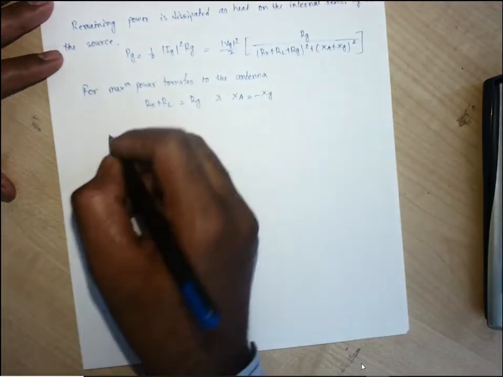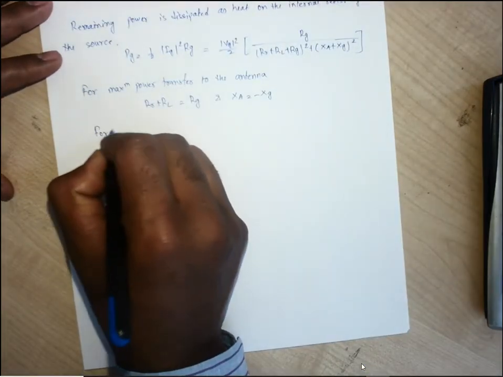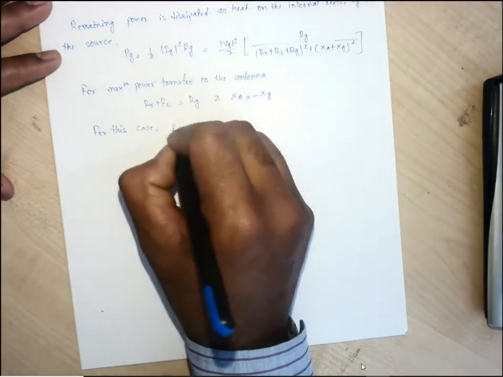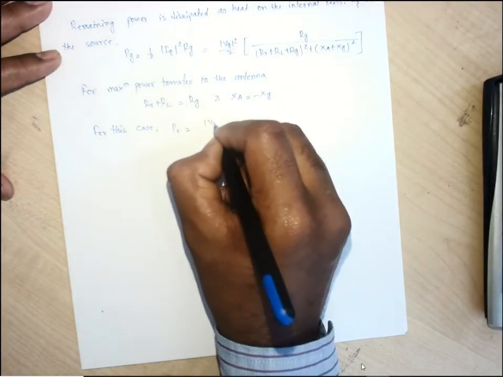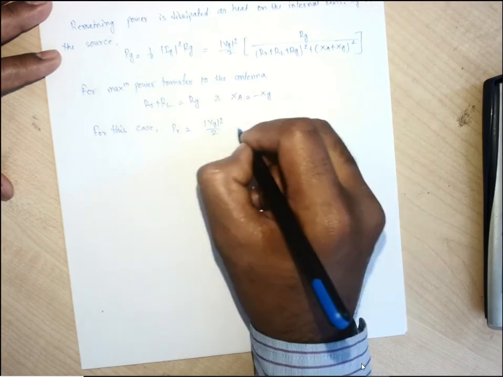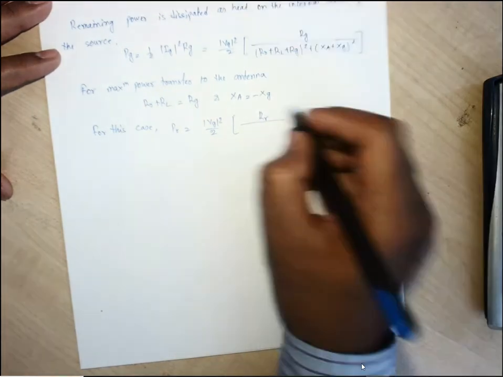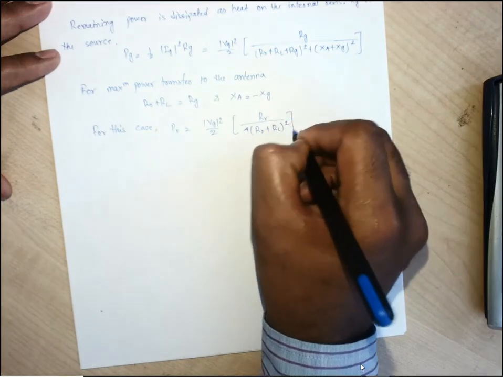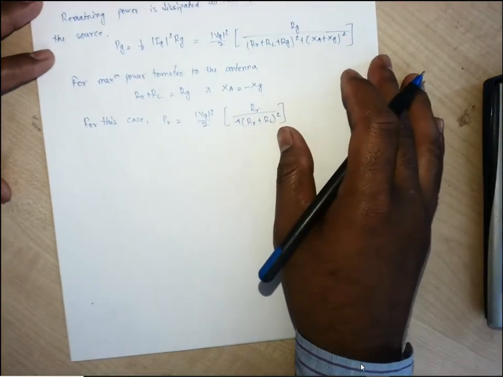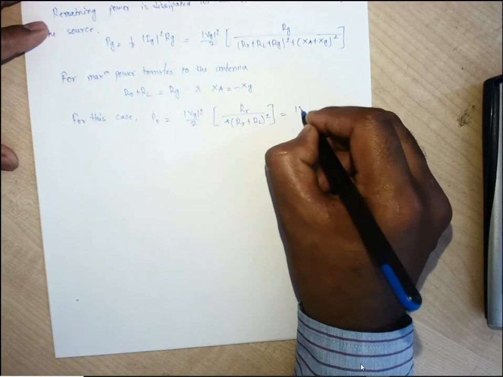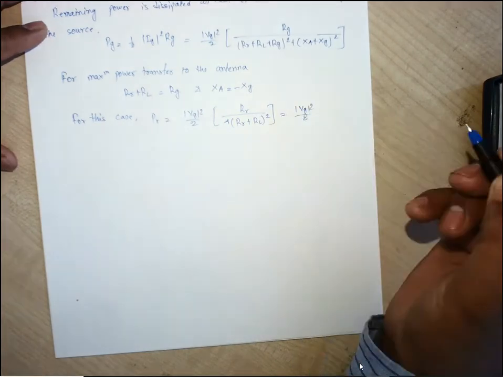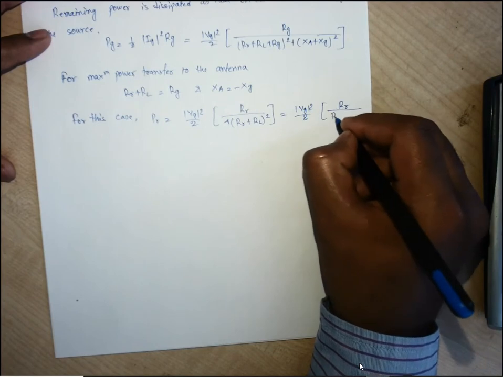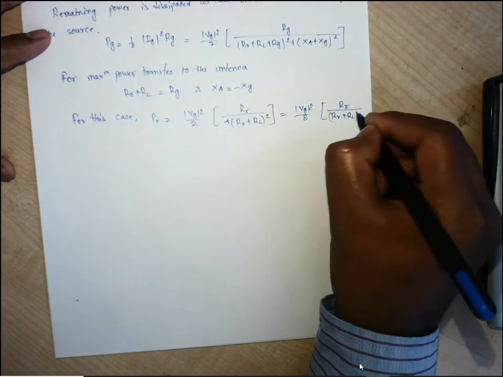So PR will be mod of Vg square by 2 into RR by 4 RR plus RL whole square, or mod of Vg square by 8 RR by RR plus RL whole square.